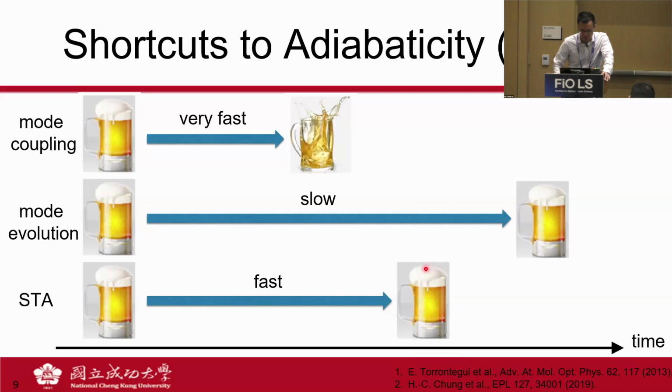So it's always nice. But you can notice here that these STA protocols are typically a bit longer than the most efficient mode coupling protocols. So you can see it as a compromise between conventional mode coupling and adiabatic evolution schemes.